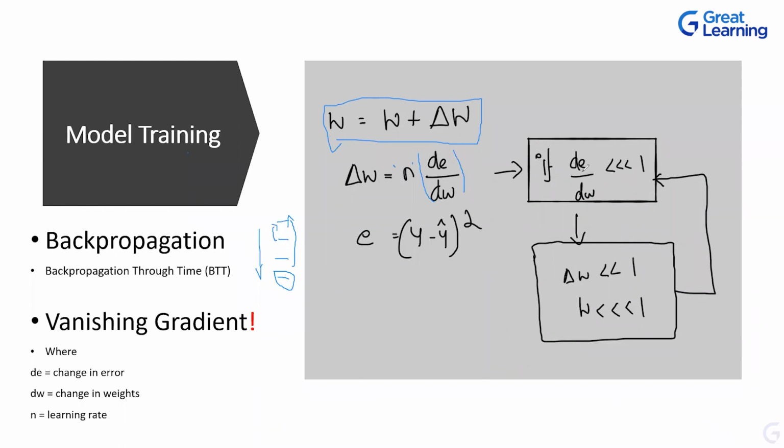If dE by dW, which is the change in error by change in weight, is far less than 1, let's say it is closer to 0, then this value will not have any value at all. Then you will have that particular day point's weightage only. So this is not taking cue from the deep past, which is basically called vanishing gradient.